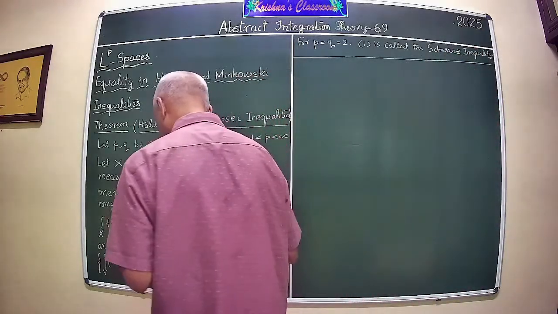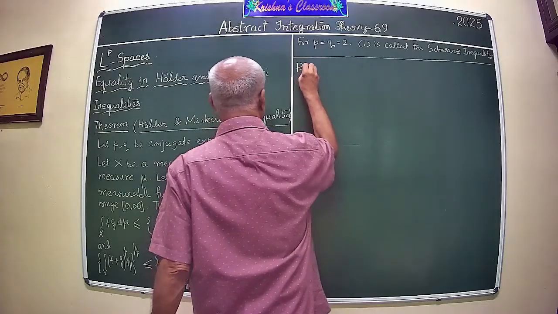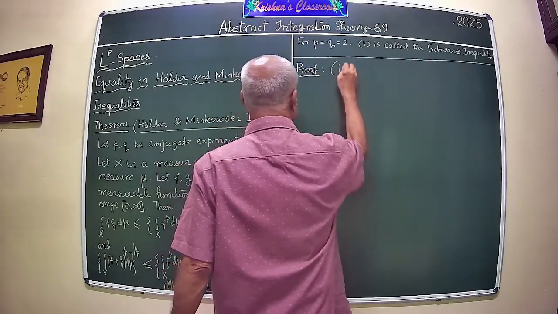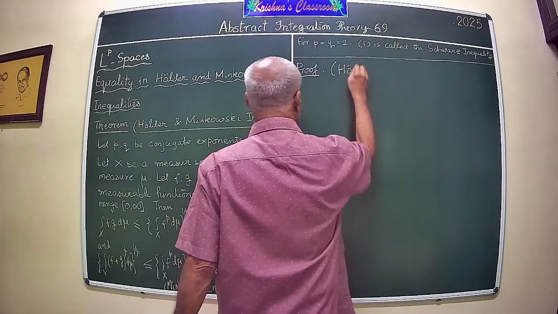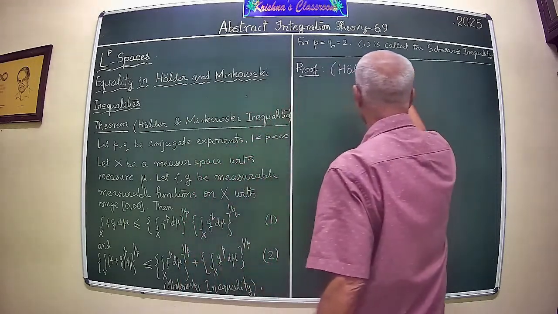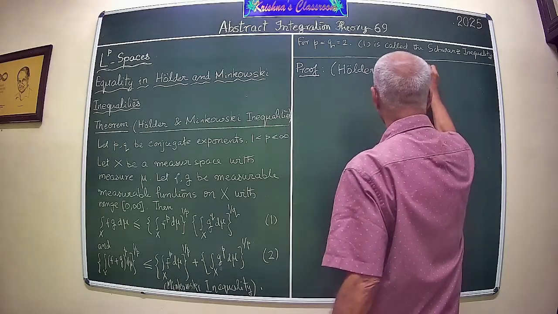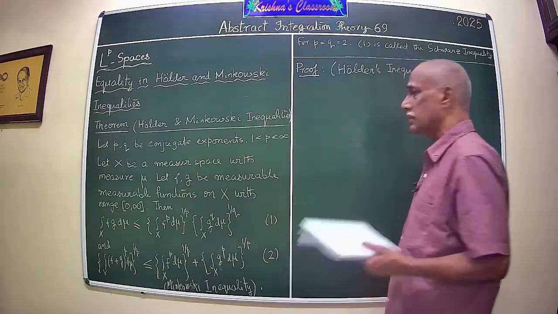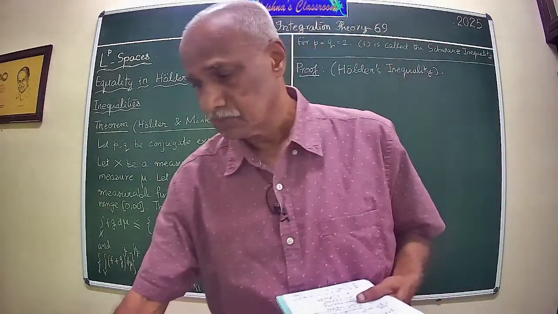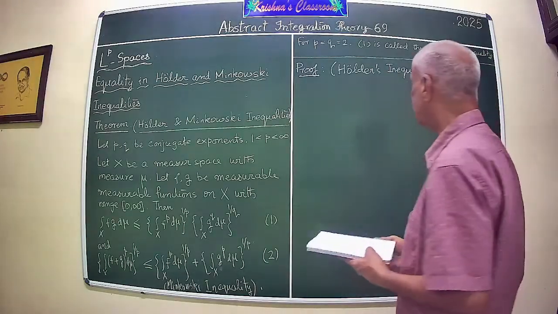Okay, so we start with, we outline, the proof of Holder's inequality. I need some of these notations to explain what the result is. That's why I am doing it.